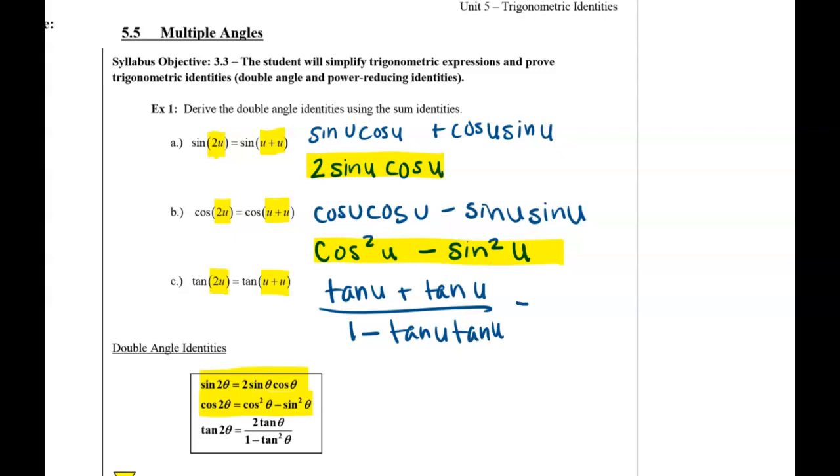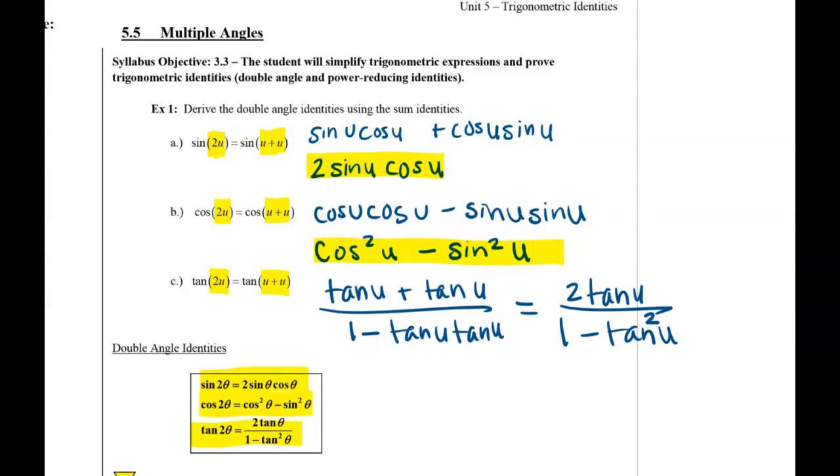And now we're going to simplify that. Tangent u plus tangent u is 2 tangent u over 1 subtract tangent squared u. And so this is what I have right here.